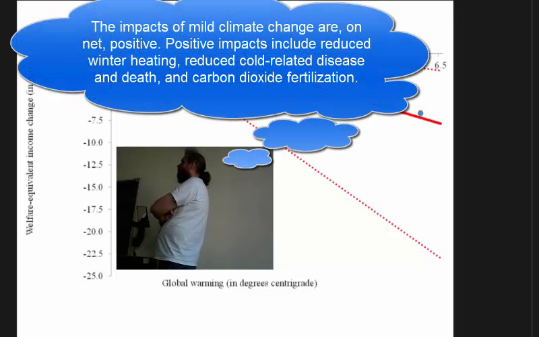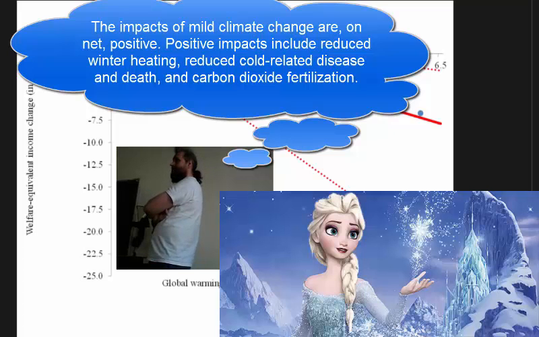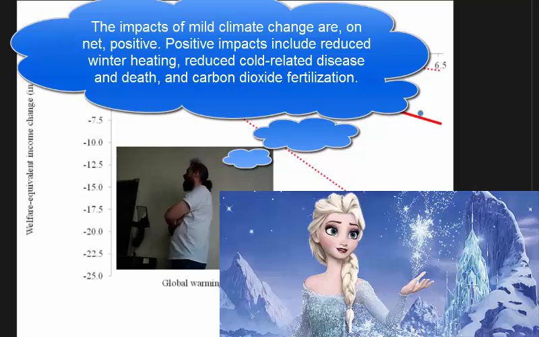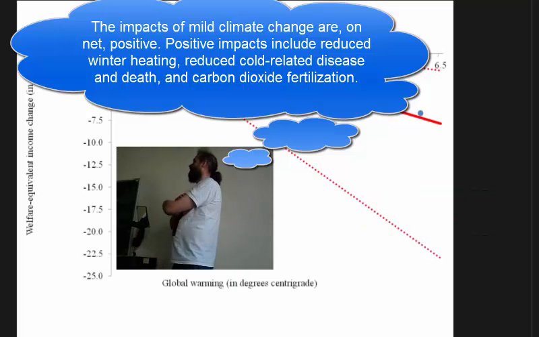One, warming would lead to a lot of savings in terms of energy expenditure in winter. Warming would also avoid a lot of cold-related deaths, again in winter. And thirdly, warming is driven by CO2, and CO2 fertilizes plants and makes them more water efficient.